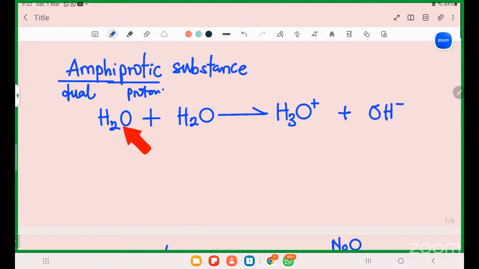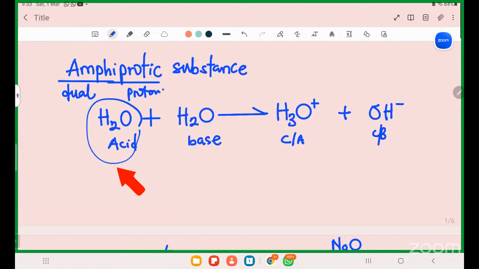Now, one of the water here is acting as an acid, and one of the water here is acting as a base. So we have this as a conjugate acid because it has an extra proton, and this is a conjugate base. So water is acting as an acid, and at the same time it can act as a base.